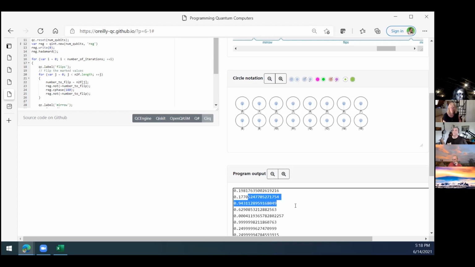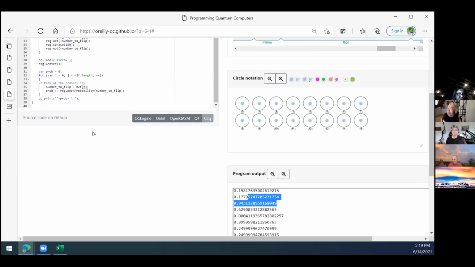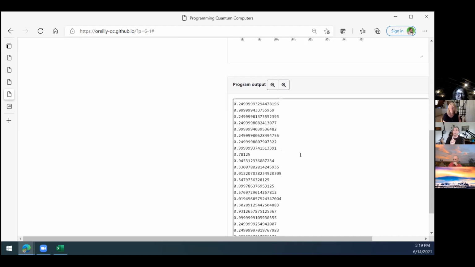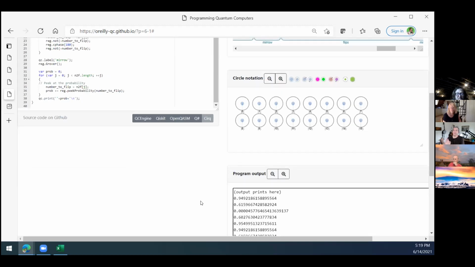So what do these things represent? That is the probability, does anyone know what this means? Yeah, I think that's the probability that one of your marked values will come up. So the ones that say 99999, it's nearly 100% that the one that comes up will be one of the selected items.